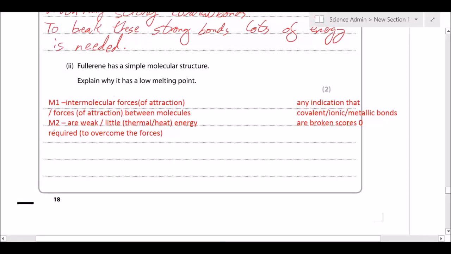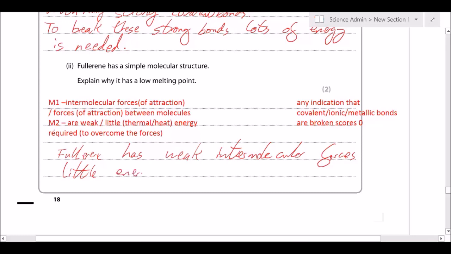So quite simply, a model answer would be: fullerene has weak intermolecular forces, little energy needed to break them.